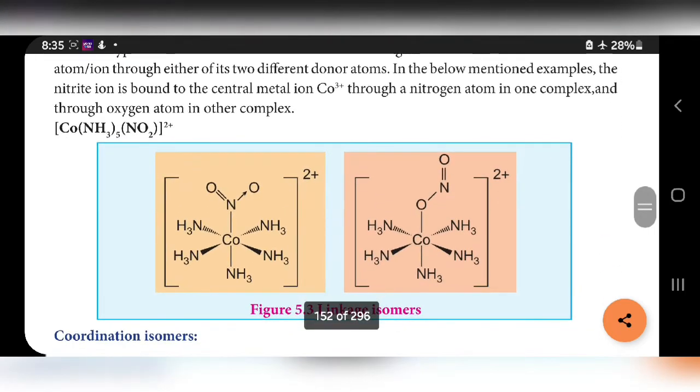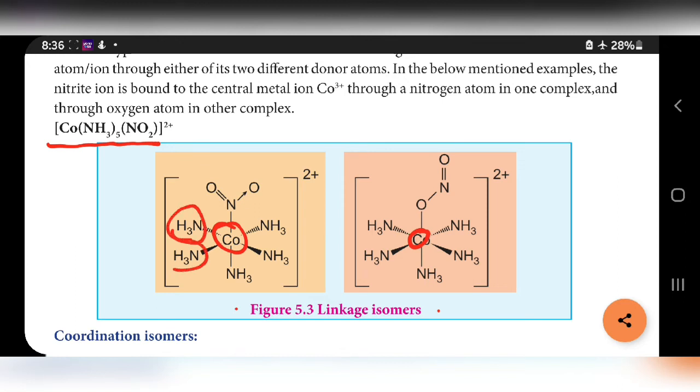See this example, students. Both are [Co(NH3)5(NO2)]2+. In both complexes, the central metal ion is cobalt only. In both complexes there are 5 NH3 groups, 1, 2, 3, 4, 5.